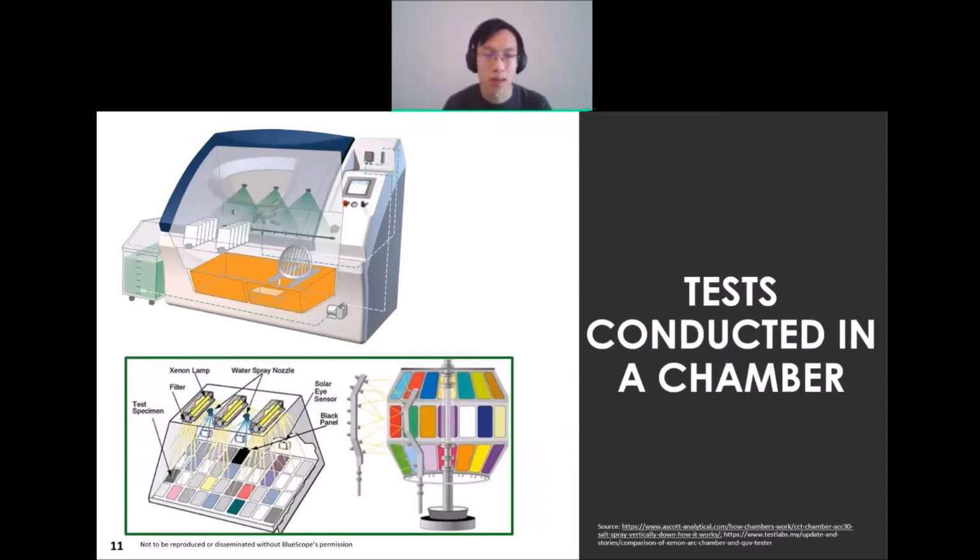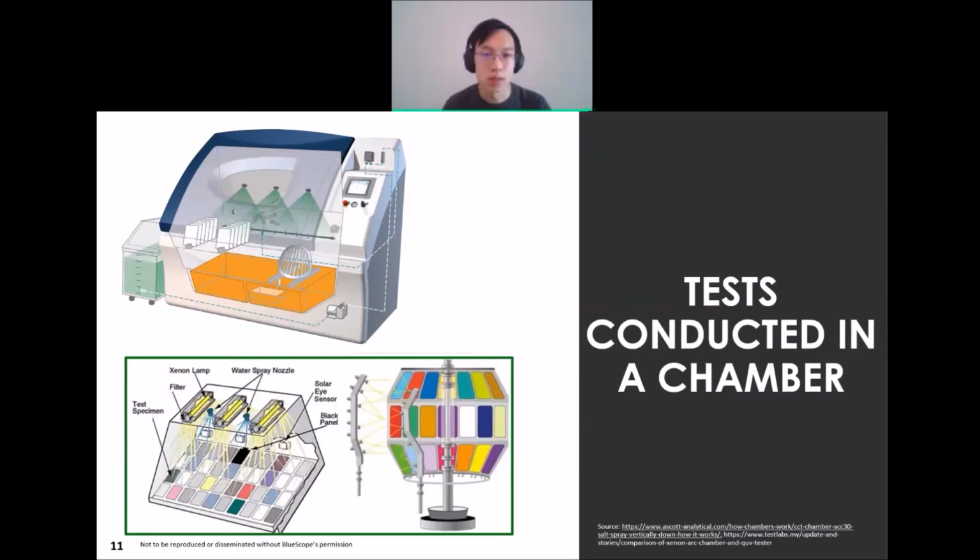The test, as I mentioned, is done in a chamber where you have different elements to induce the environment. For example, the salt spray test emits salt mist into the environment to induce a saline environment, basically to simulate a near-sea environment.